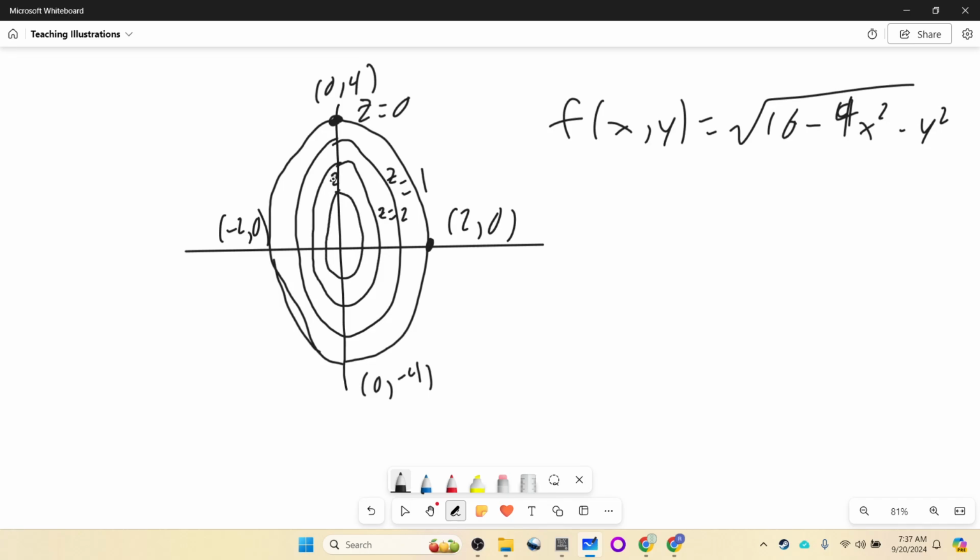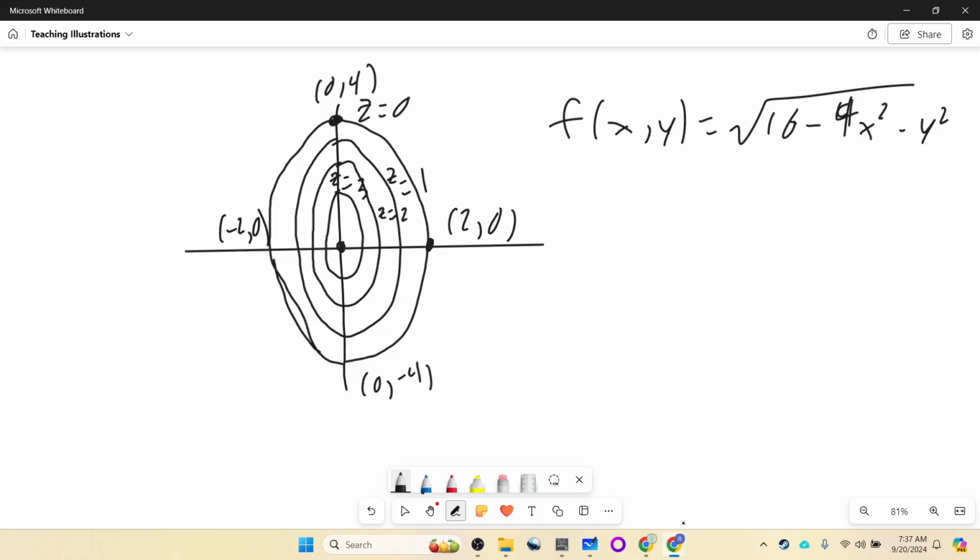But you get this pattern here. Those are a bunch of level curves. Like I said, we could solve for them specifically by setting this equal to 1 and figuring out exactly what the x and y intercepts are, but I'm okay with a general shape.